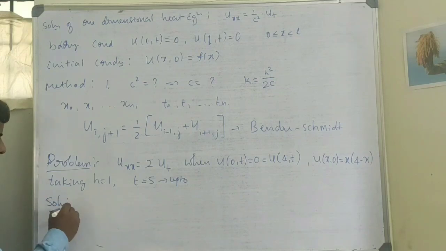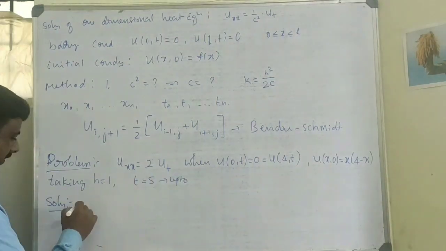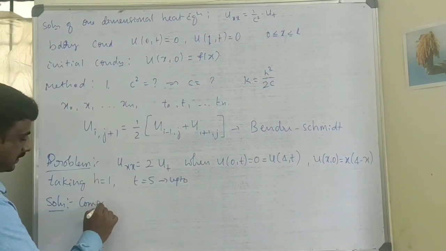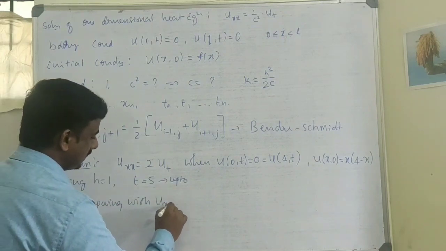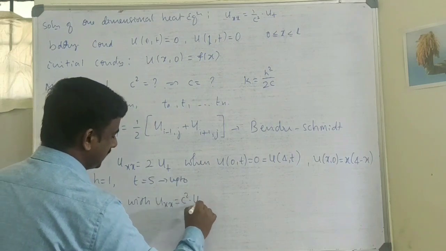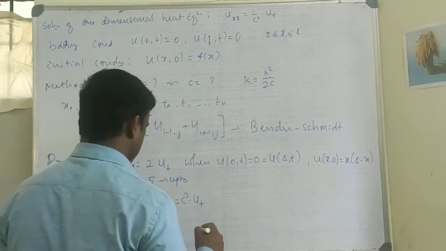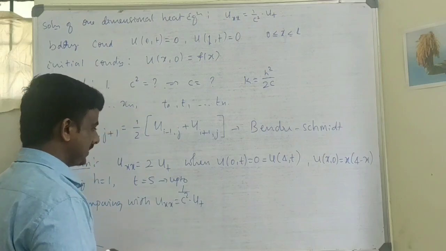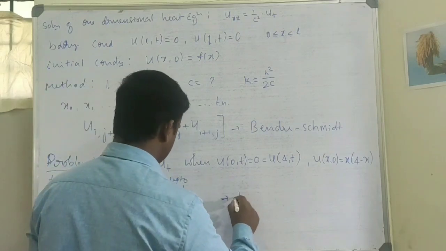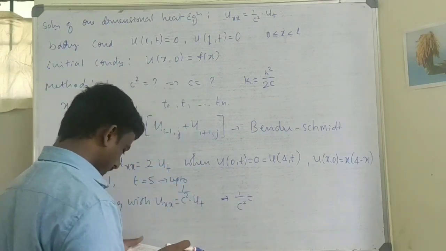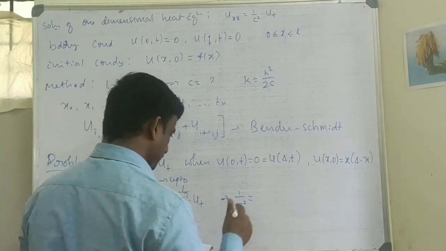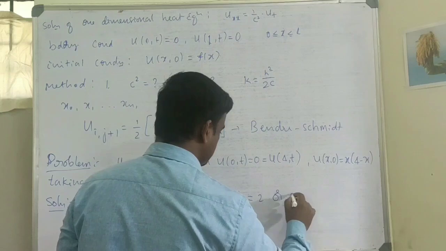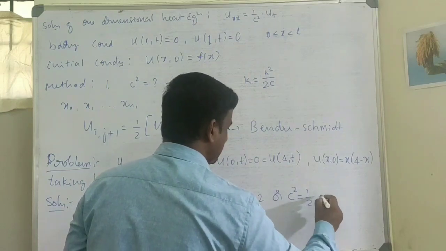Solution. So comparing this with the standard equation u double x equal to 1 by c square ut, we can observe that 1 by c square equal to 2, or c square equal to 1 by 2.